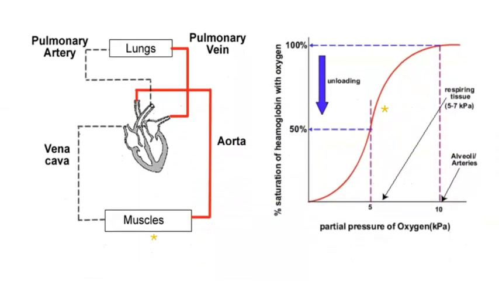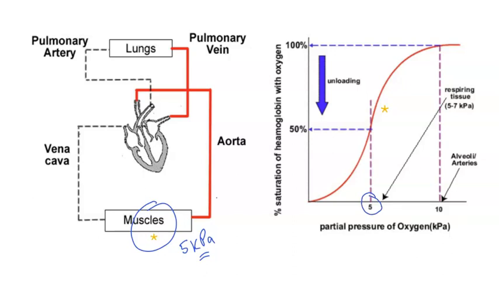Equally, earlier in a presentation, I told you that the partial pressure of oxygen in a muscle would be about 5 kilopascals. So if we look at that situation on the oxygen dissociation curve here, that would be here.